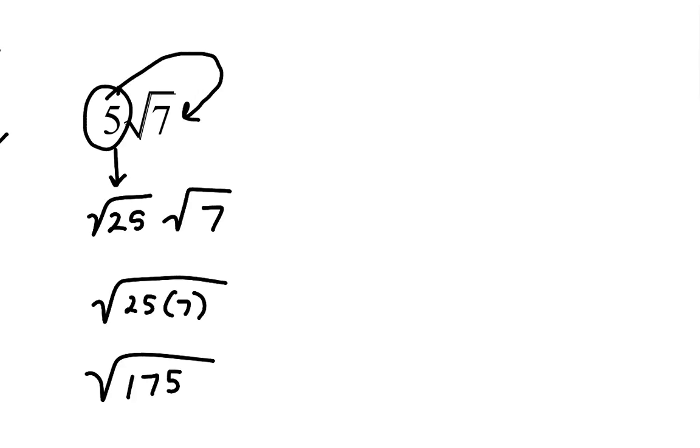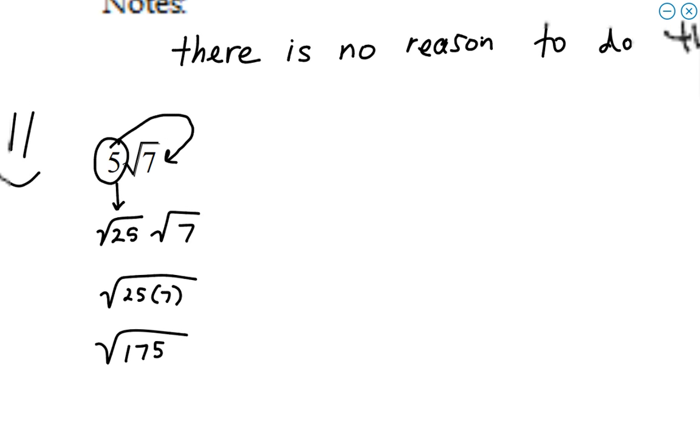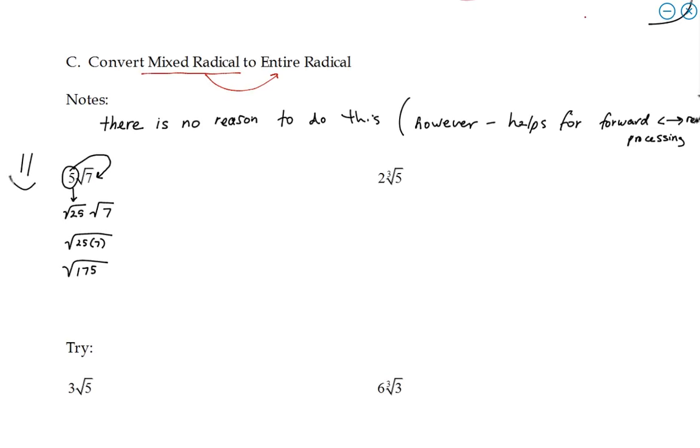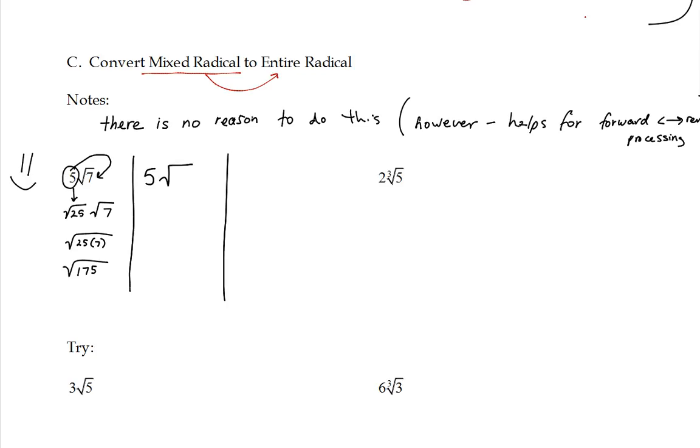Any questions about that? Again, it's just for number sense. I'll leave that on the side. Okay, now the next one is a cube. I'll just redo the first one a different way. 5 root 7.